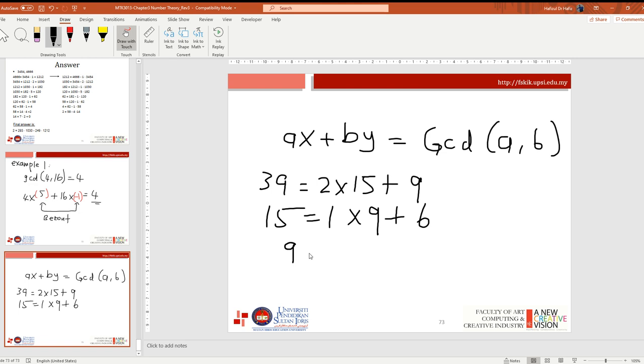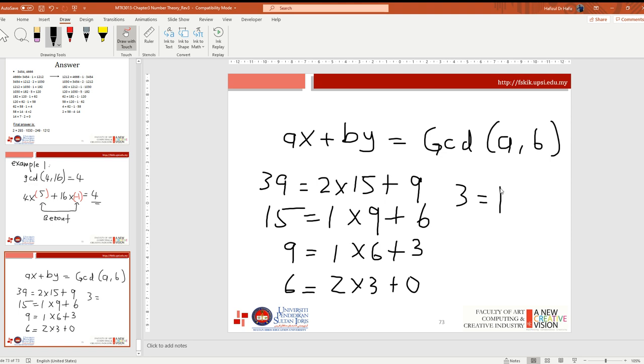Lepas tu kita ada 9 sama dengan 1 darab 6 tambah 3. Kita ada 6 sama dengan 2 kali 3 tambah 0. So kalau kita tengok 3 sama dengan berapa kali 39 tambah 0 kali 15.